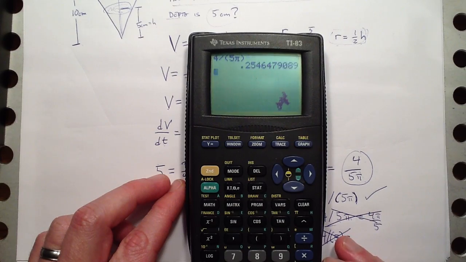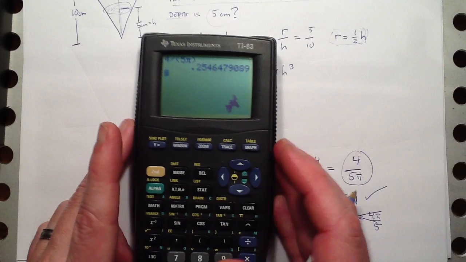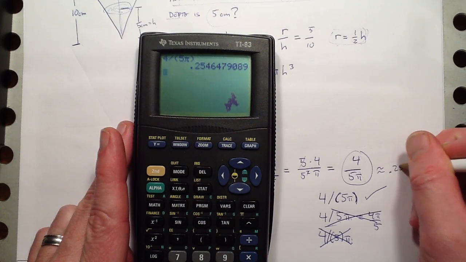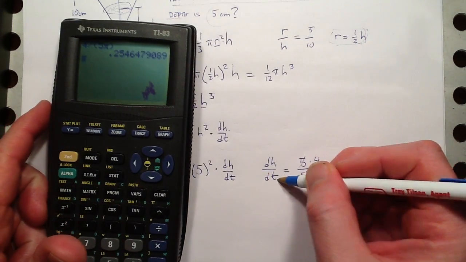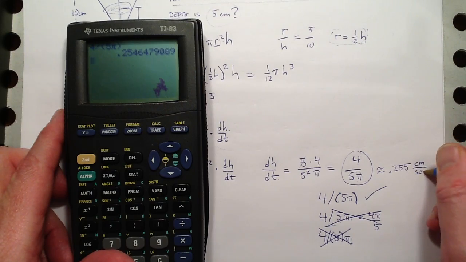you get 0.255. Remember, we're going to always round to 3 decimal places. And units here would be, since we're talking about the height changing, that would be centimeters per second.